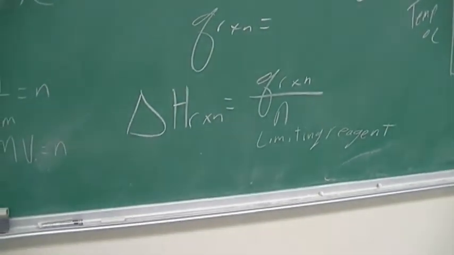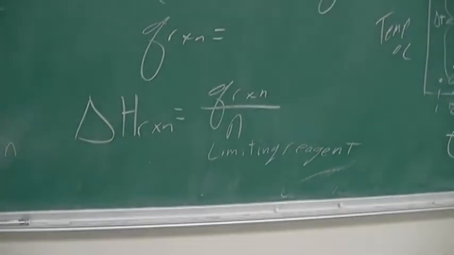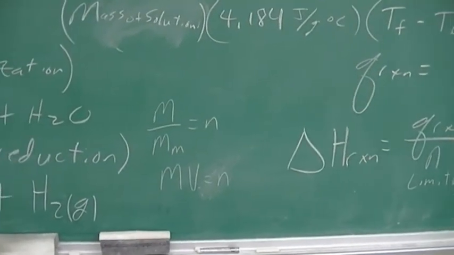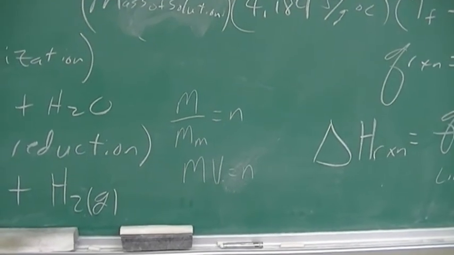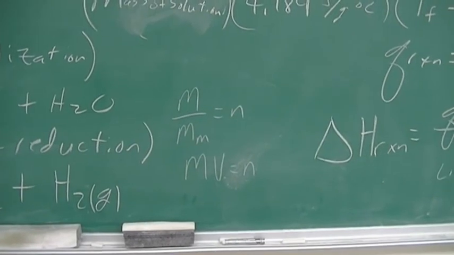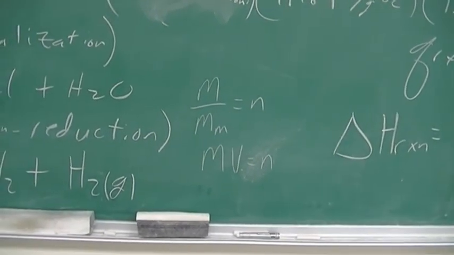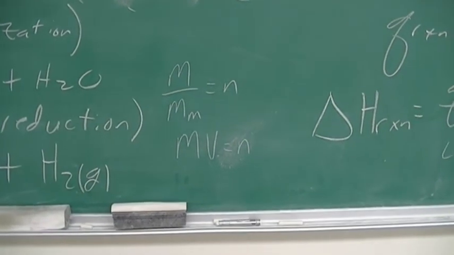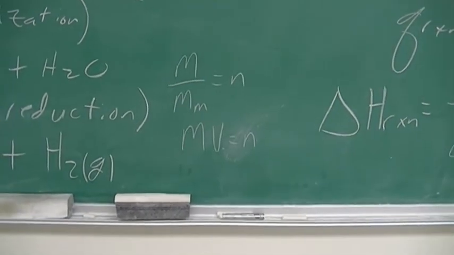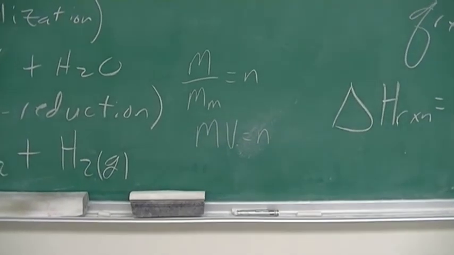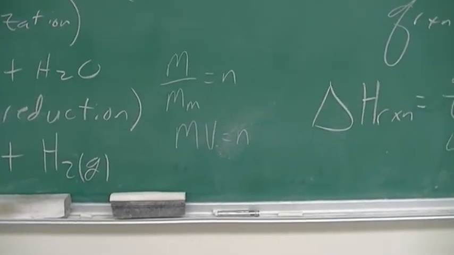Delta H is negative. And so you will have to calculate the moles of each reactant. Like magnesium was a solid, we have a mass divided by the molar mass, that will give us moles. For our acid and base, it is simply the molarity times the volume that is going to give us moles. But note, molarity is moles per liter, and so volume must be converted to liters in order to get moles.